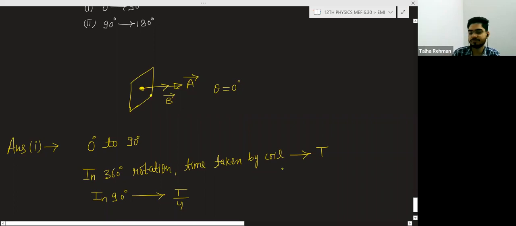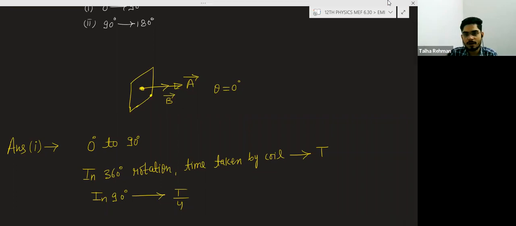See here. This is your coil. So in rotating 4 times 90 degree angle, complete rotation means this coil will rotate 1, 2, 3 and again 4. So this is one complete rotation. For complete rotation this coil has to rotate 360 degree angle.